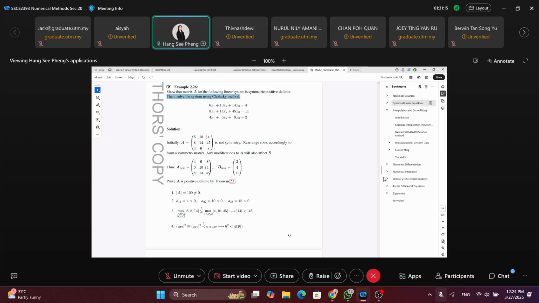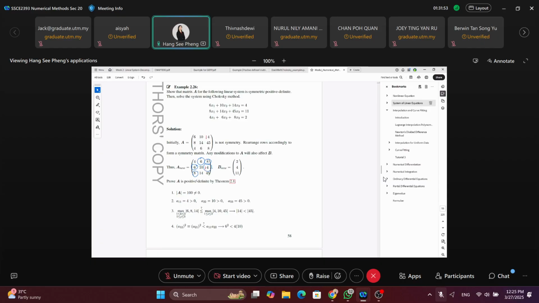If it is not symmetric, it is still possible for it to be positive definite. But because you want to show that it is a symmetric matrix as well, you try to think about whether it is possible for us to rearrange the rows accordingly and form a symmetric matrix. So for this case, yes. You try to rearrange them and make it into the symmetric form, where you can see A12 equals A21, A13 equals A31.